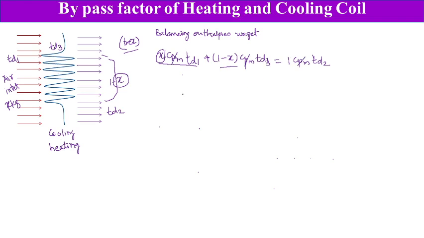So now on simplification, what we have here is x TD1 plus TD3 minus x TD3 is equal to TD2. So TD3 is transferred on the right hand side.